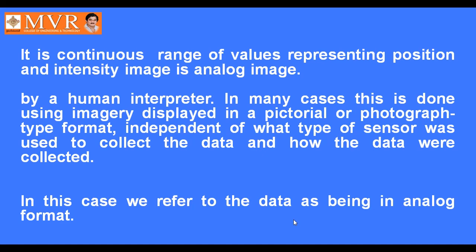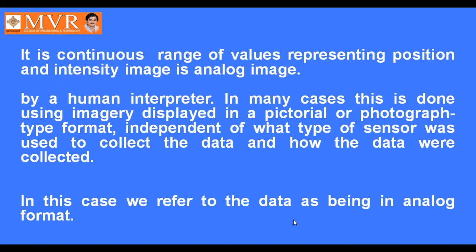It is just what feature appears on the satellite image, in the analog image. In this case, we refer to the data as being in analog format. This is the continuous range of values representing the position and intensity, but it is pictorial representation only.